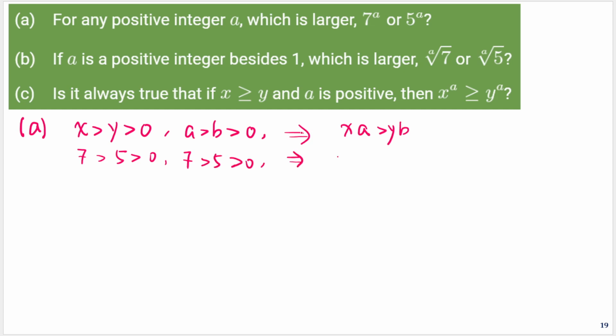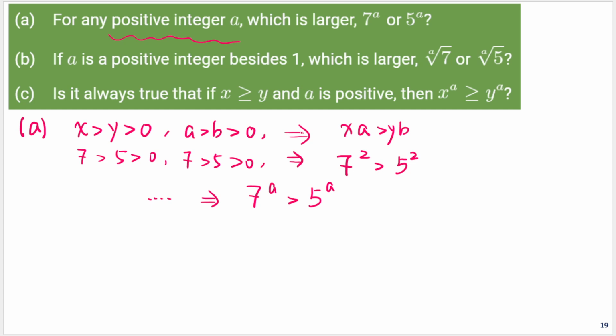And we then have 7 to the power of 2 is greater than 5 to the power of 2, right? We can continue this a times to find 7 to the power of a is greater than 5 to the power of a, because a is simply a positive integer, right? So we can use this logic when raising any two positive numbers to an integer power.